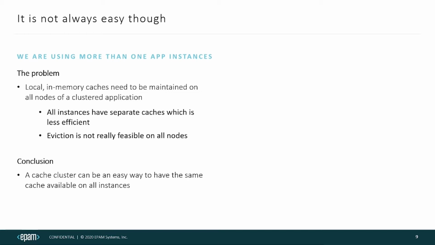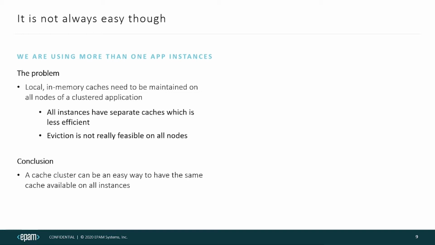So as you can see, this is not really the most efficient way of using caching. And also there is a huge drawback regarding the eviction, because eviction in this case is not really feasible, because you cannot really synchronize the cache contents if you are using just the in-memory cache on your instance.